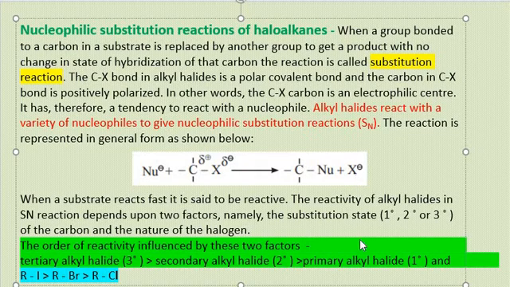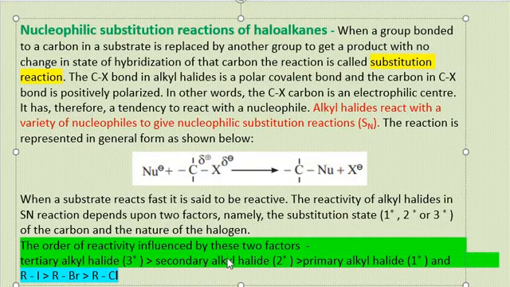When a substrate reacts fast, it is said to be reactive, and the reactivity of alkyl halides in nucleophilic substitution reaction depends on two things. One is the order of the alkyl halide and the other is the halogen atom in the alkyl halide.